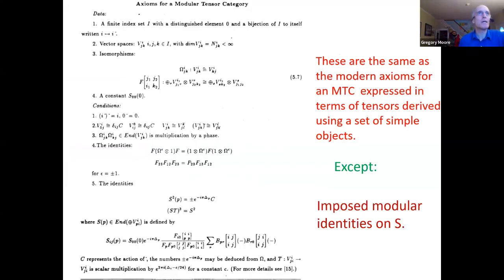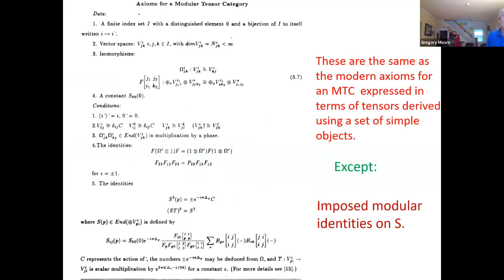These are the same as the modern axioms for a modular tensor category, expressed in terms of tensors derived from a set of simple objects. We say in the text that we should really do it without reference to a set of simple objects, but we didn't do it.